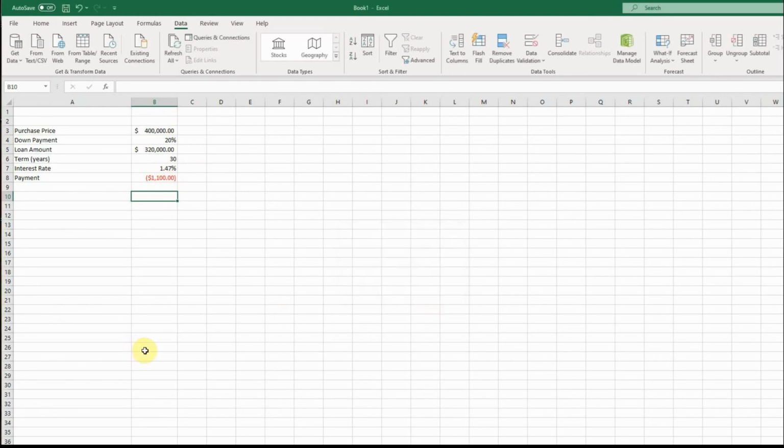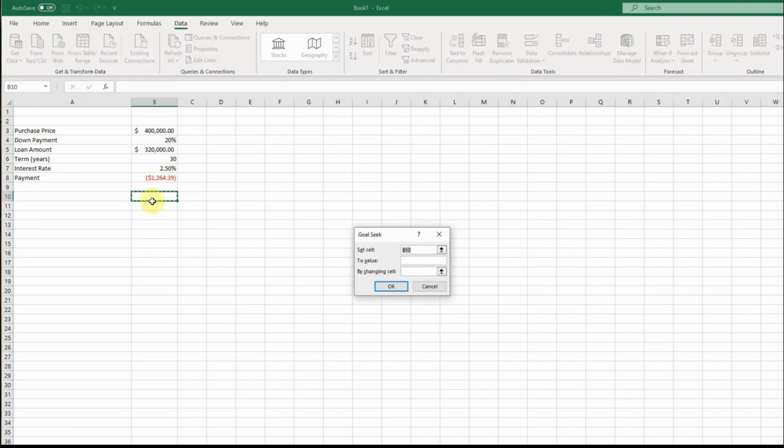So most likely what you're going to want to do is change that down payment amount. So let's go back to our 2.5 rate, and for goal seek, we're going to change this by changing cell, the down payment percent.